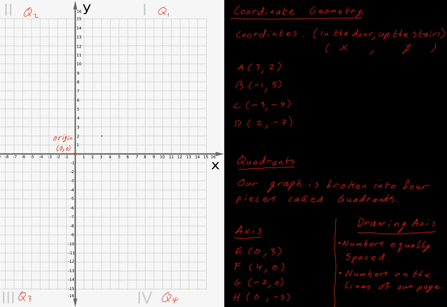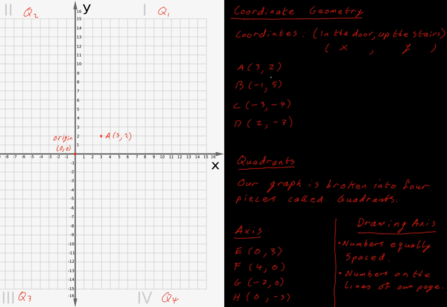That's going to be the point A, and it's at 3, 2. We started at the origin, as we always will. We go in the door 3, up the stairs 2. These two rulers give us an exact location on our map.